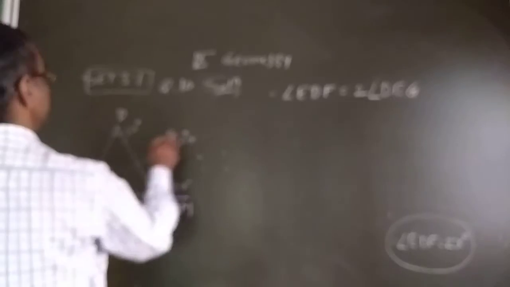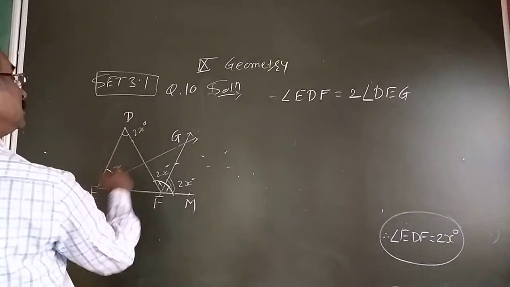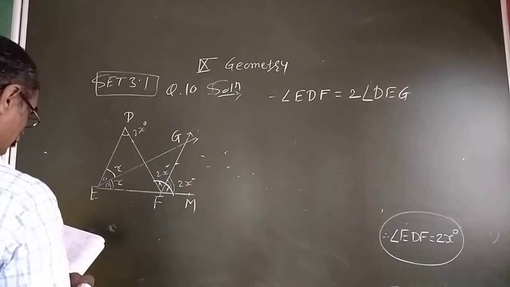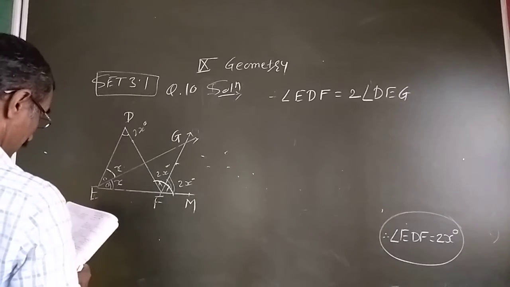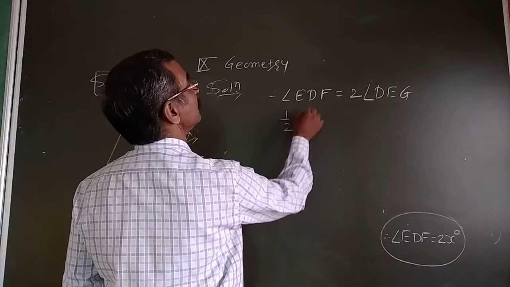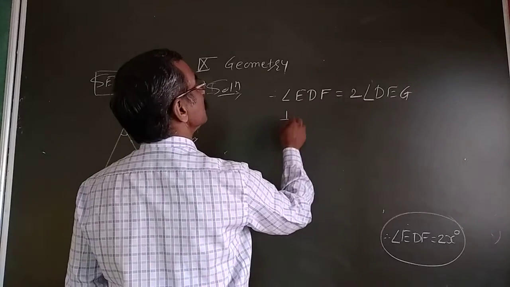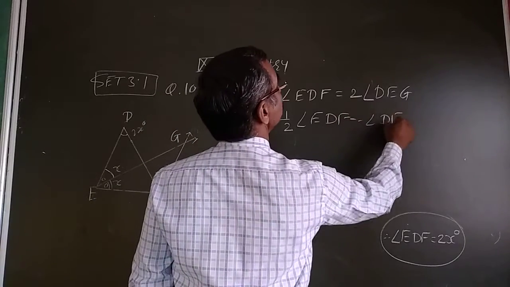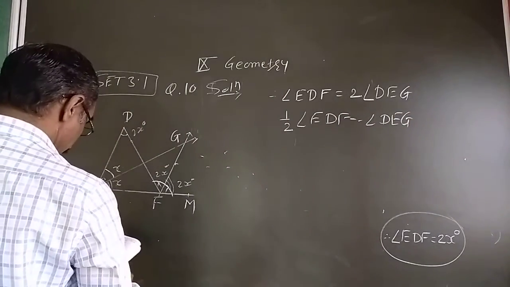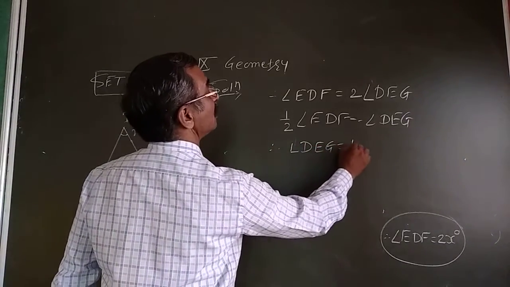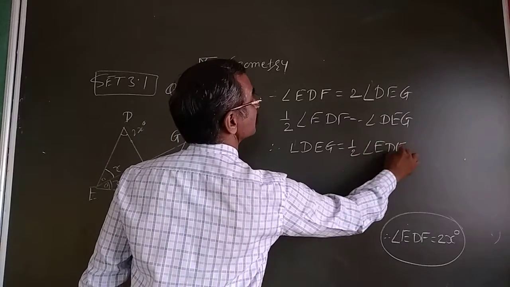But DEG also equals GEF. So these two go to this side, and it will become a half. One upon 2, so we are writing it as a half. Angle DEG is equal to 1/2 angle EDF. So we proved it.